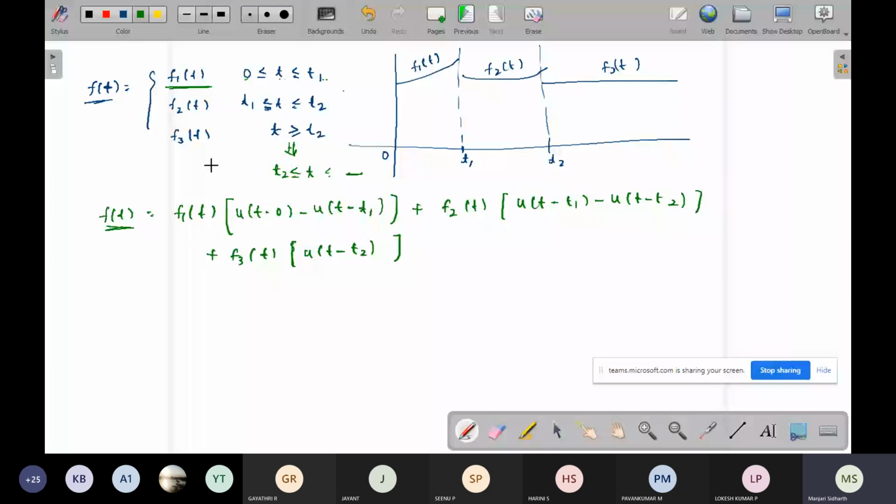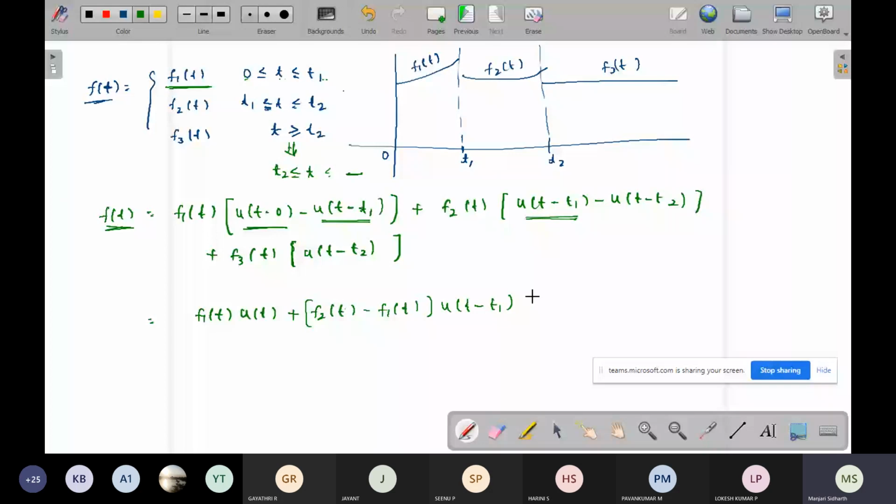So how to write? u of t minus 0. Okay, so f1t is u of t plus f2t minus f1t multiplied by u of t minus t1.